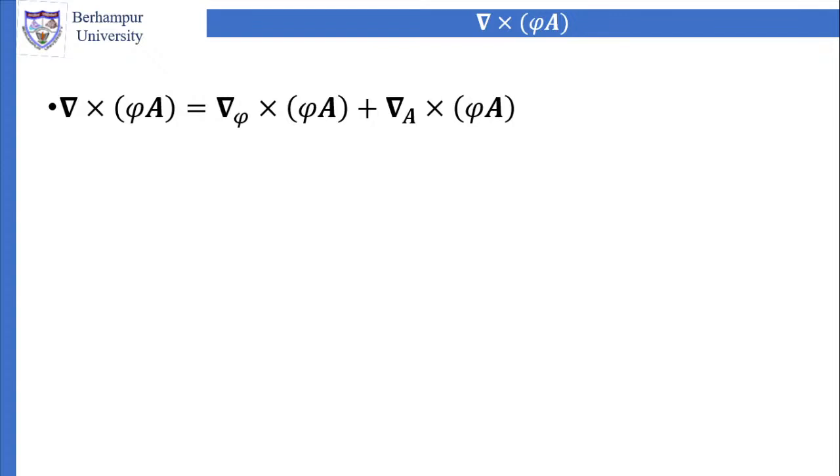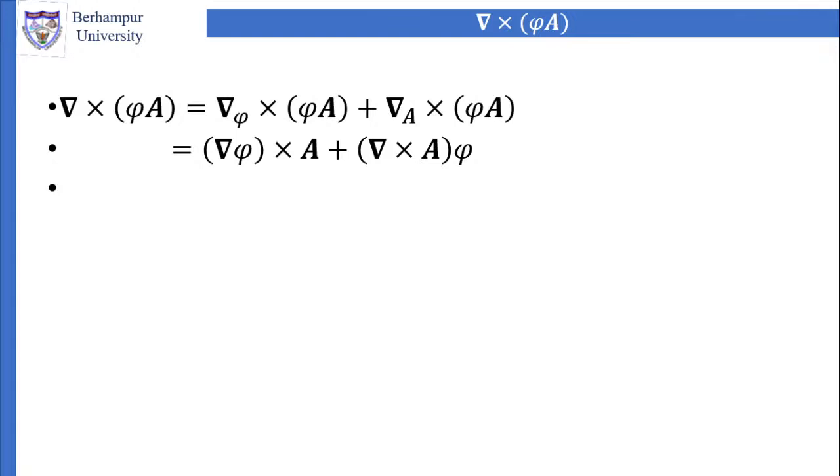So grad phi cross A plus phi into grad A, well, so phi into curl A. So we will get grad phi cross A plus curl A into phi. Now this is a vector. On the left hand side we have got a vector because a cross product gives us a vector. On the right hand side you can see both the terms are vectors.